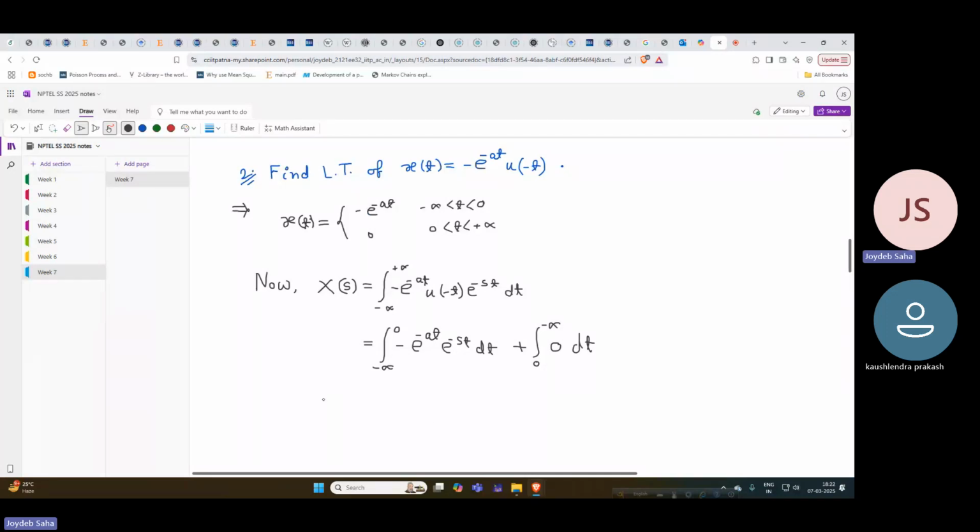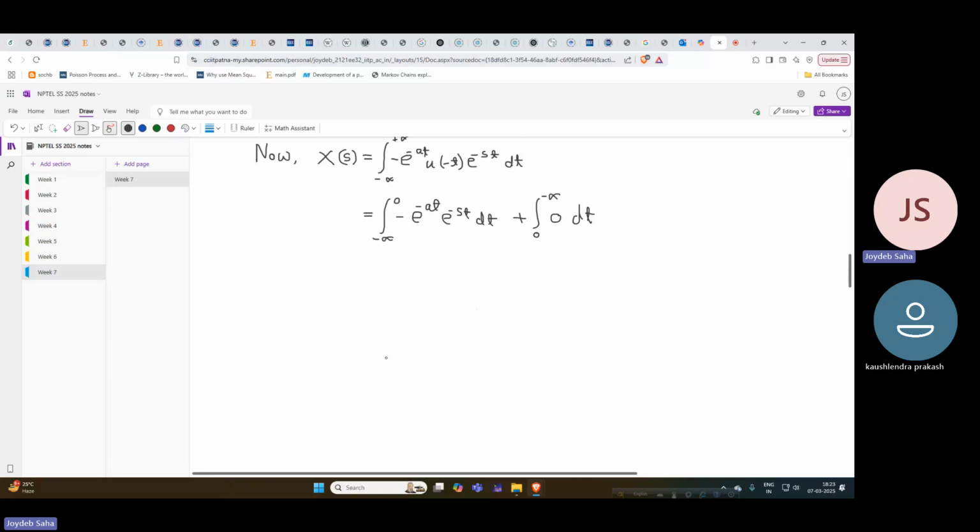X(s) is equal to the integral from minus infinity to plus infinity of minus e to the power minus at u of minus t into e to the power minus st dt, which is equal to the integral from minus infinity to 0 of minus e to the power minus at e to the power minus st dt plus the integral from 0 to infinity of 0 dt.